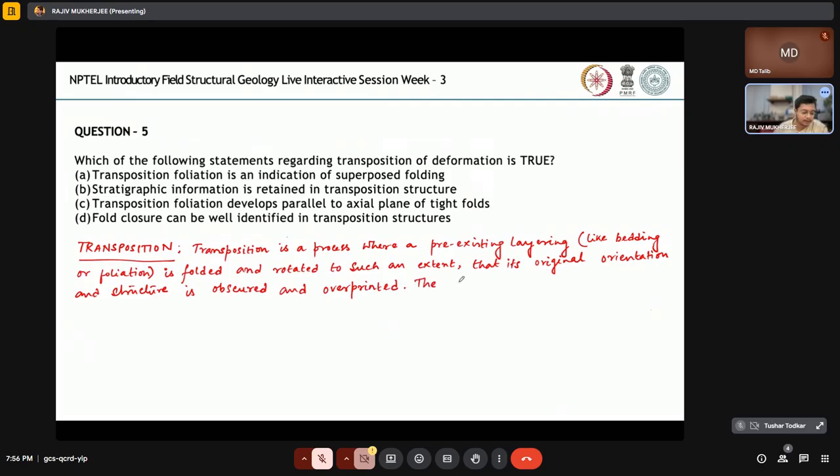The resulting structure appears as a new layering, often subparallel to the later stage of foliation.